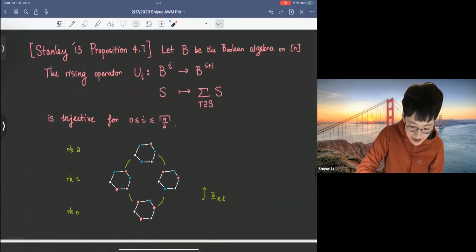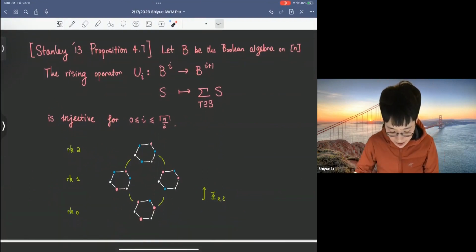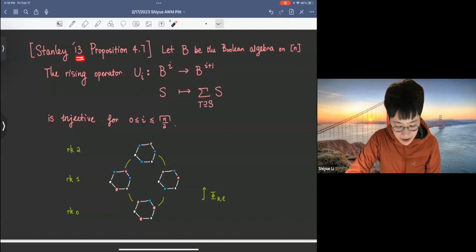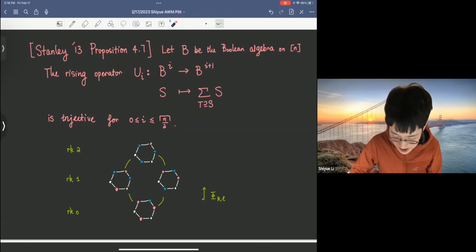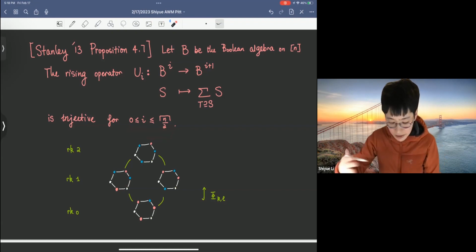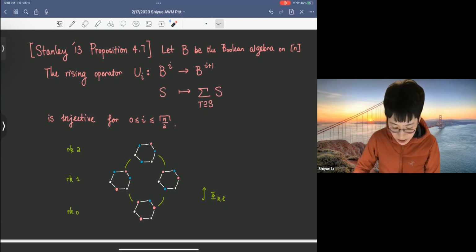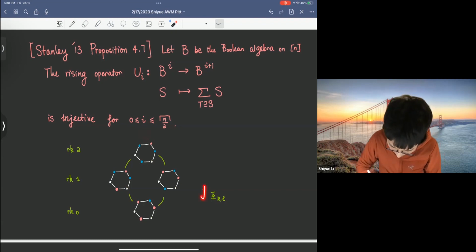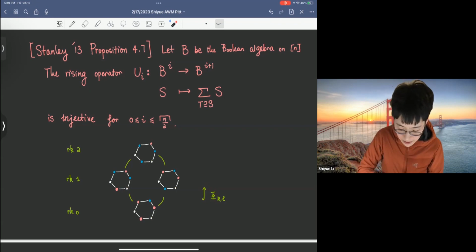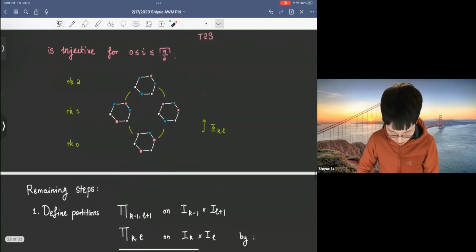And Stanley in 1913, actually way before that, but an easy reference is in this book in 2013, says this map is automatically injective for the index that's below half of the rank of the Boolean lattice. So we have deduced before that this operator is going from the Bth level to the B+1 level, and here B is exactly playing the role of I.